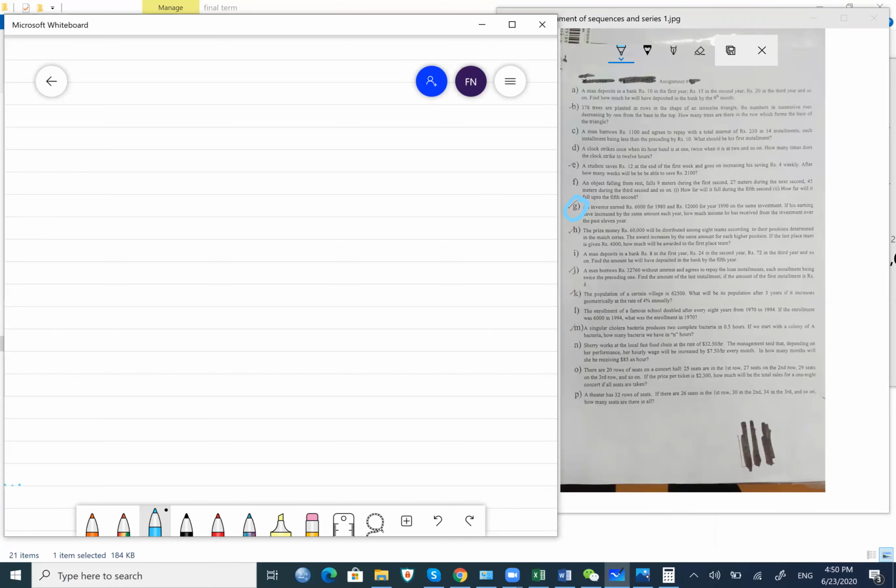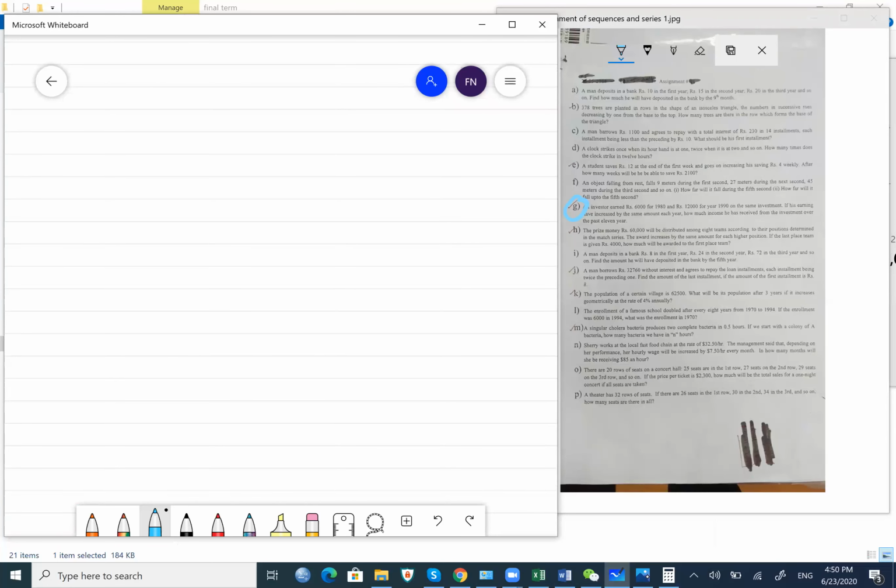What is the amount of the last installment if the amount of the first installment is Rs 8? The first installment is 8, the second one would be 16, the third one would be 32, 64, and so on. Understand?